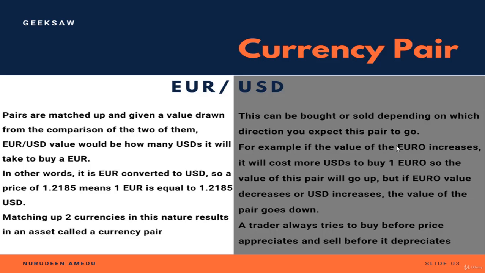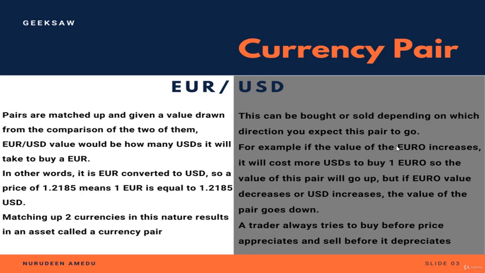Euro USD value would be how many USDs it will take to buy a euro. In other words, it is the euro converted to USD. So a price of 1.2185 means 1 euro is equal to 1.2185 USD, which is euro divided by USD. That's also the same thing.